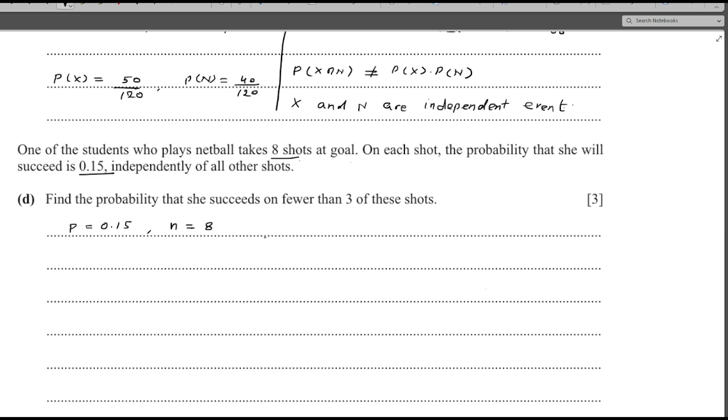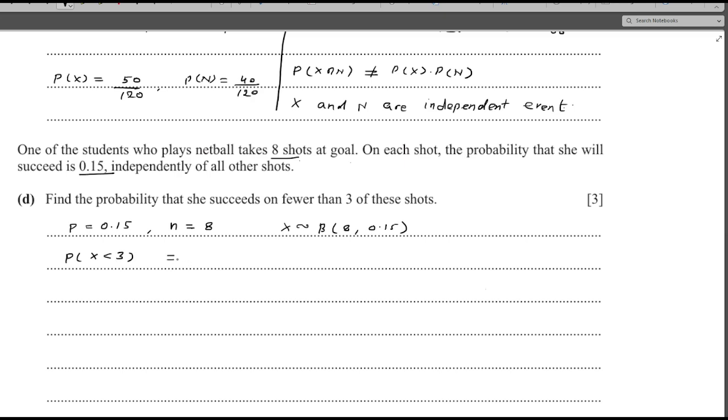Clearly here X follows a binomial distribution with n as 8 and p as 0.15. You have to find the probability that she succeeds on fewer than 3 of these shots. So we have to find the probability of X less than 3.